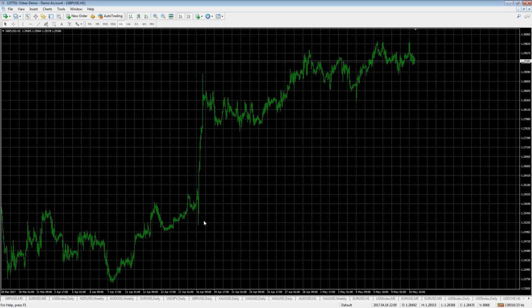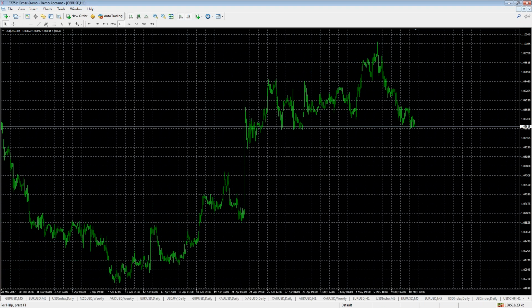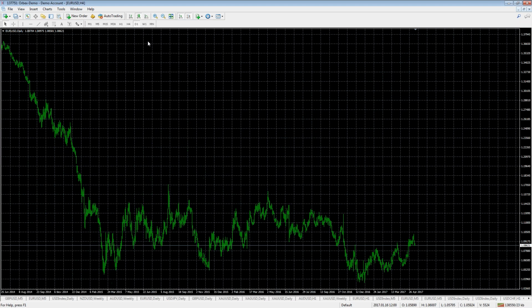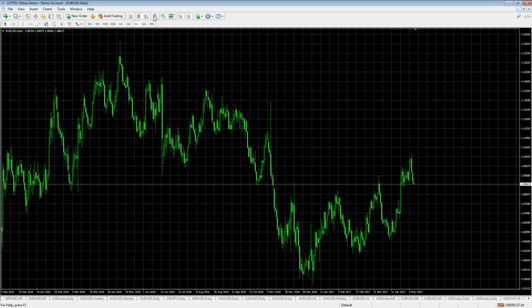So I guess everybody's familiar with MetaTrader, or with the trading platform. Okay, fine. Let's have a look at random. Let's have a look at USD, or anything else. Let's look at 4 hours, and we can put the daily chart. Let's look at the daily chart because it's trending.